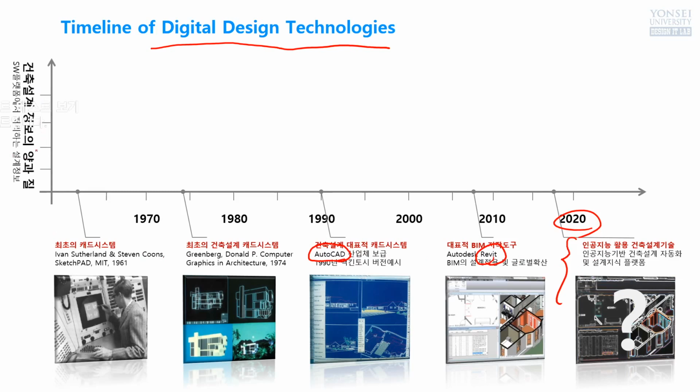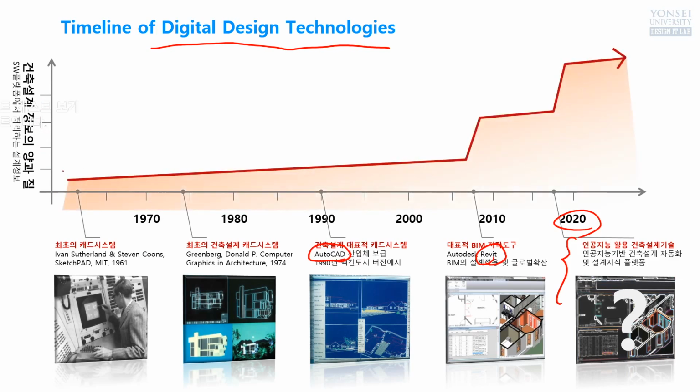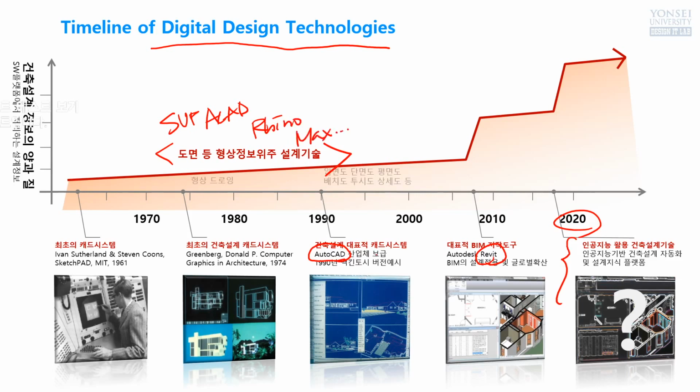Anyway, this is a brief history of design technologies, and the y-axis shows you some amount of information, its quality and quantity. Take a look at what this graph means. How much quantified or qualified data is raised up in this phase. At first, this is so-called, simply say, SketchUp, AutoCAD, Rhino, Max, 3D Max, and so on.